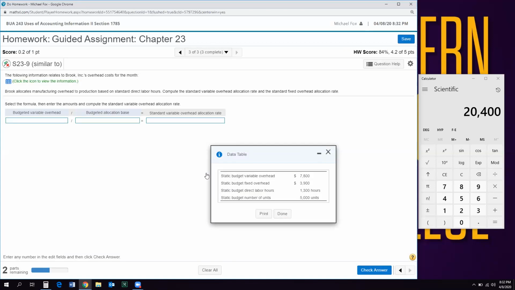And our budgeted variable overhead is given to us right here, 7,800. And our budgeted allocation base is direct labor hours for this one, and it's 1,300. So our variable overhead allocation rate is 7,800 divided by 1,300, or $6.